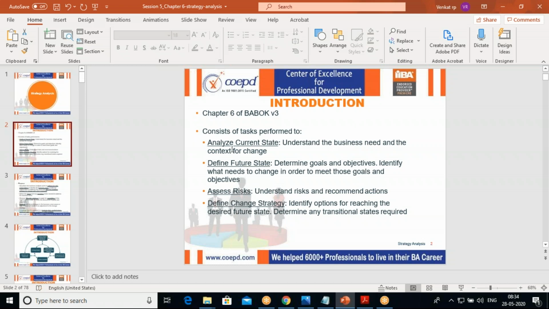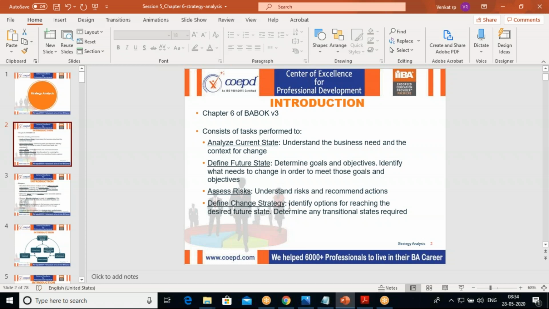For that, we are going to analyze the current state, and we are going to define the future state, and we have to assess the risks, and we have to define the change strategies. Therefore, you can understand that we have 4 tasks to perform in change strategy, okay? The first one is analyze current state. The second one is define the future state, and then you have to assess the risks.